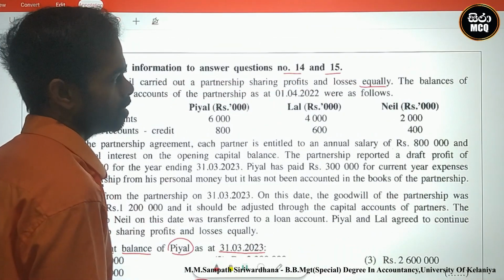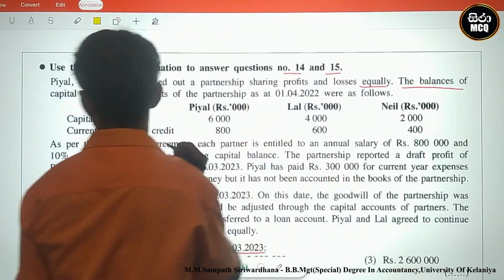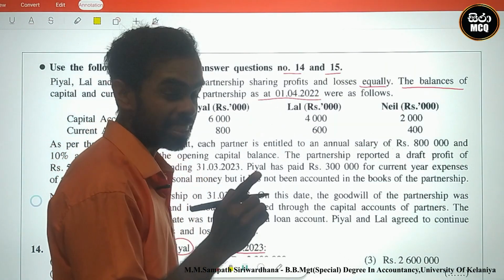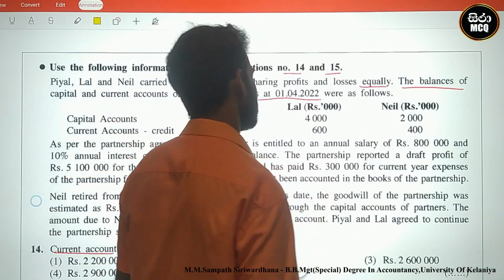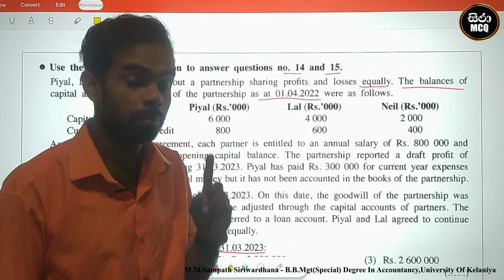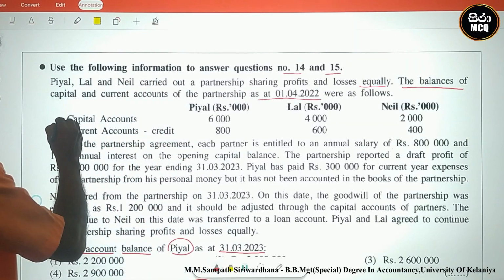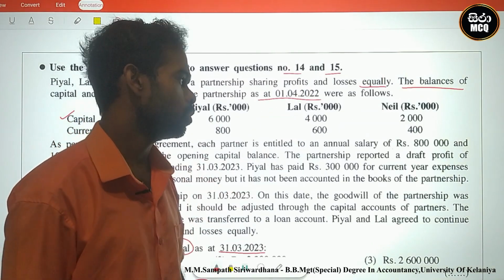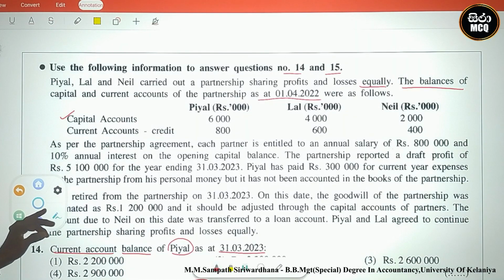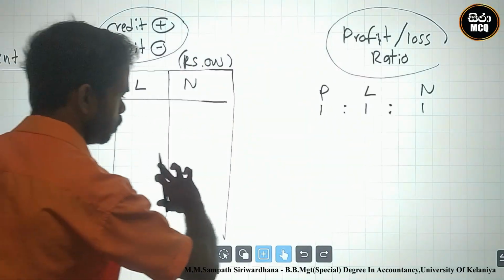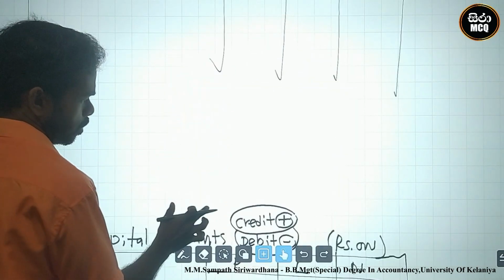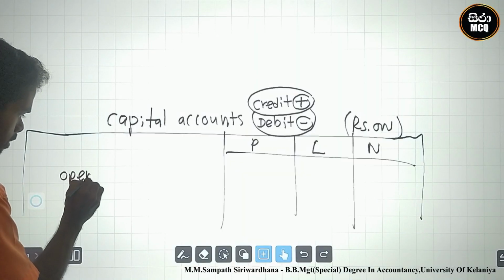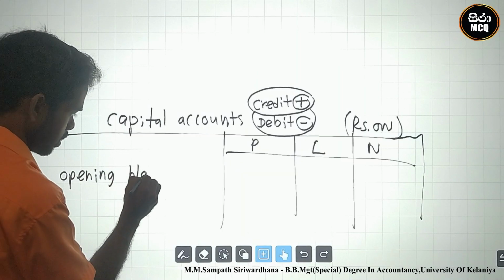Next one, look here: the balances of capital and current accounts of the partnership as at 1st April 2022 were as follows. The 1st April 2022 means opening balances. Capital accounts: PL 6,000, Lal 4,000 and Neil 2,000. We can enter these amounts.